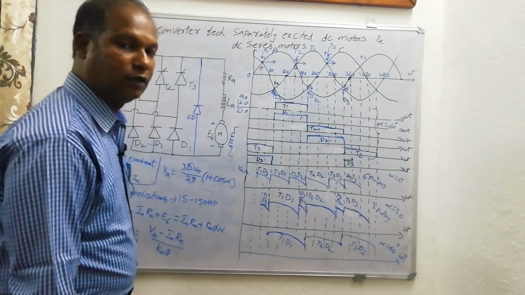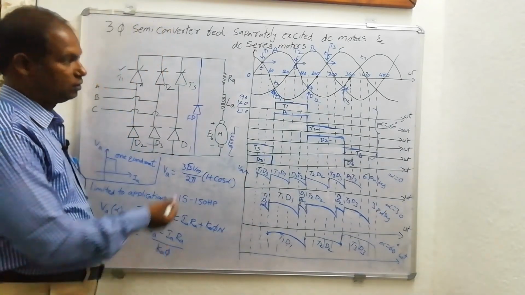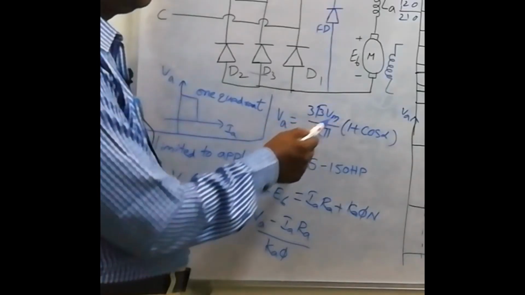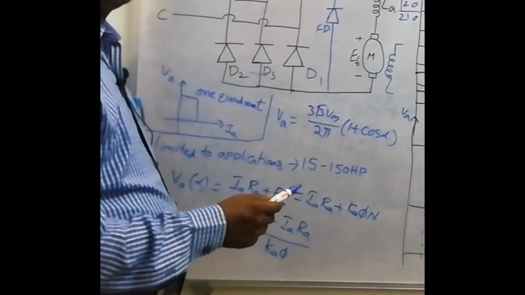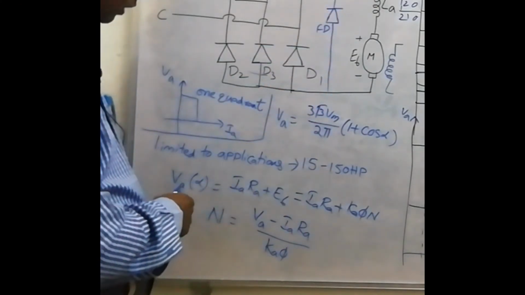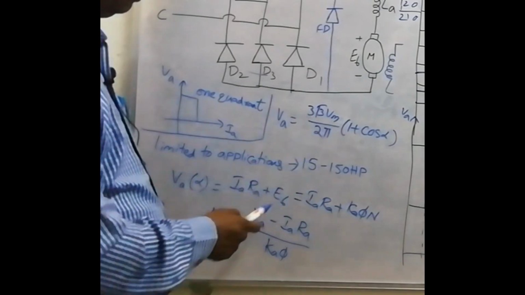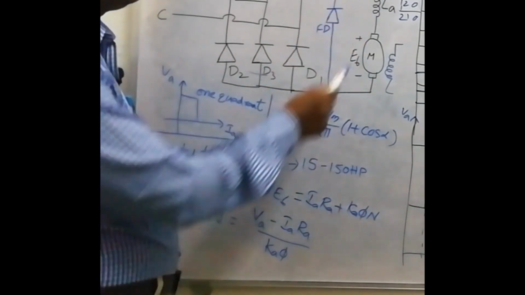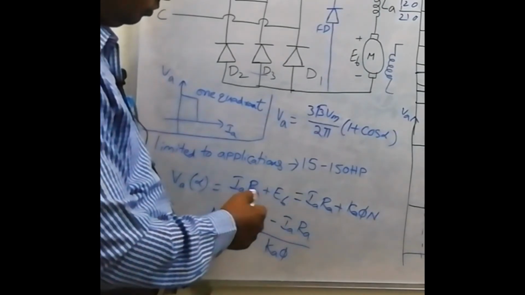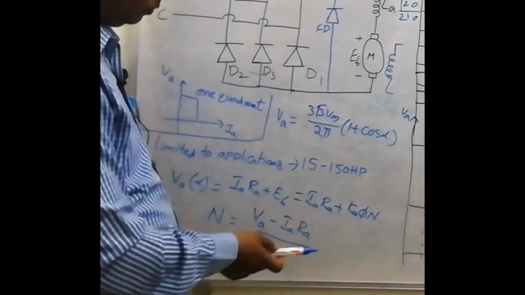For a separately excited motor, we have to calculate the output voltage. Va is equal to 3 root 3 Vm by 2 pi times (1 plus cos alpha). Apply the KVL. You will get Va is equal to Ia Ra plus Eb plus L dIa by dt, but the voltage across the inductor goes to 0. So Ia Ra plus Eb.